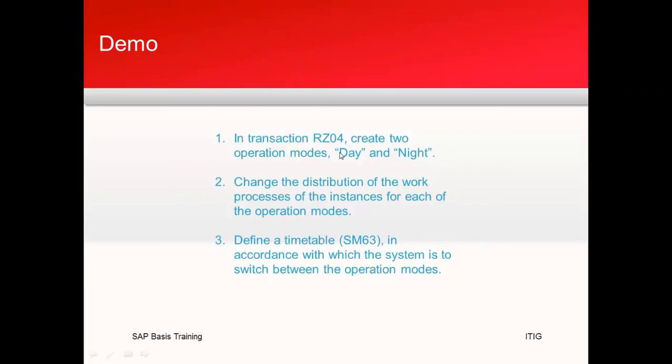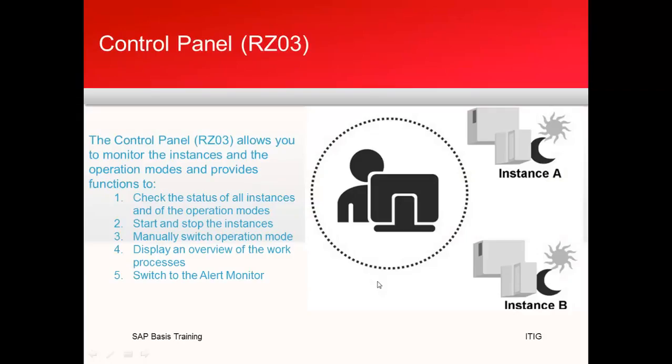Basically we'll see these 3 transactions, how things work out in RZ04. We have created 2 operation modes and we'll change the distribution of the work processes and we'll define a timetable using SM63, according to which the system is to be switched between the operation modes. Before that, let's see this particular T code, which is RZ03.